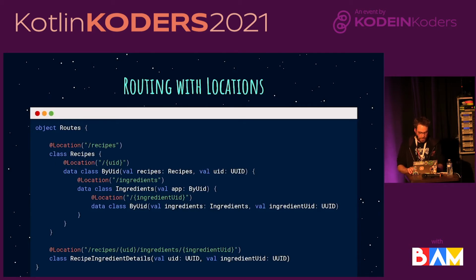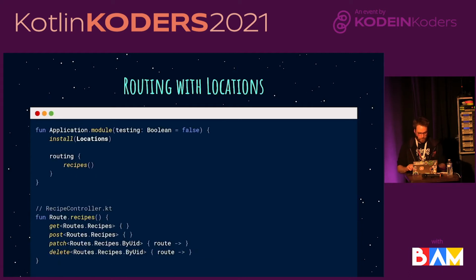So we can chain all these data classes with the @Location annotation, or I can just declare a class or data class to define the exact route with the parameter I want, a UID, int, a string, or what suits you for your Ktor application.